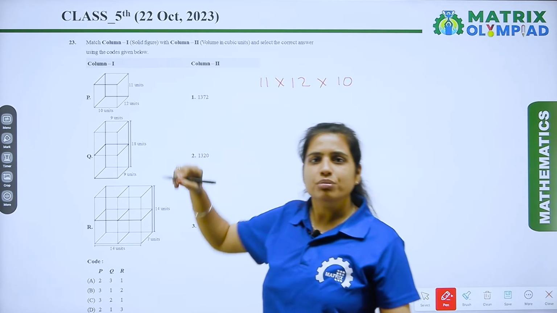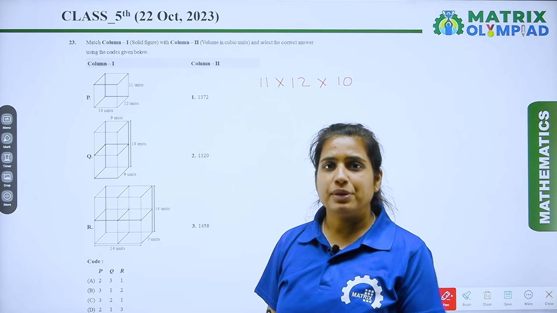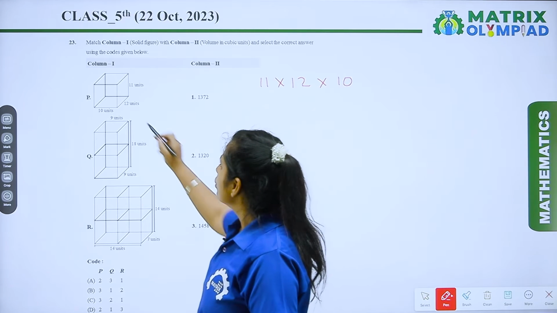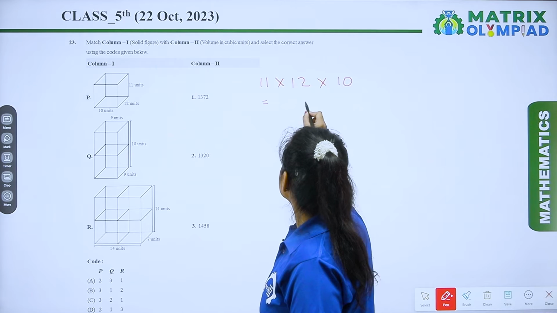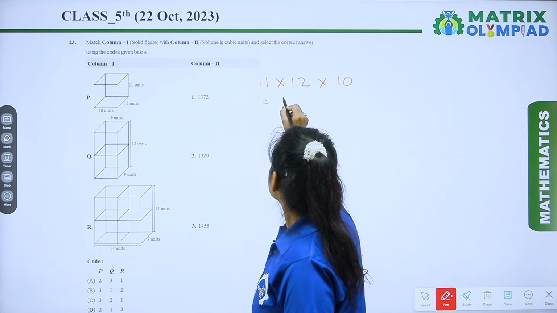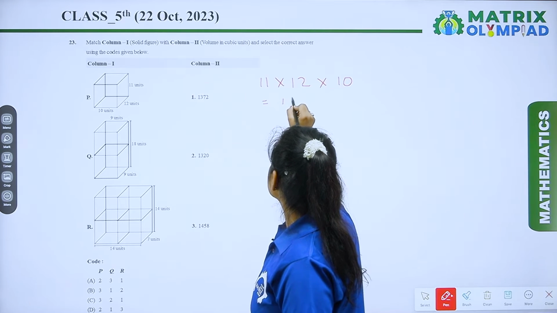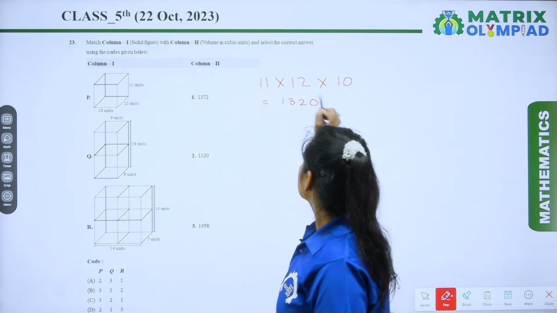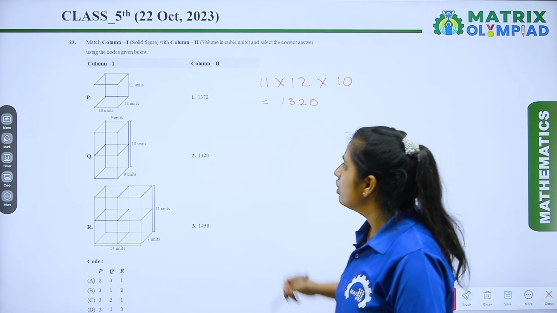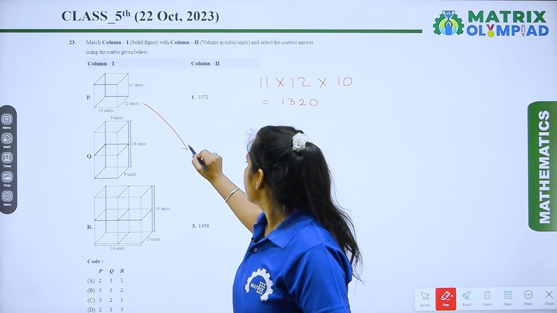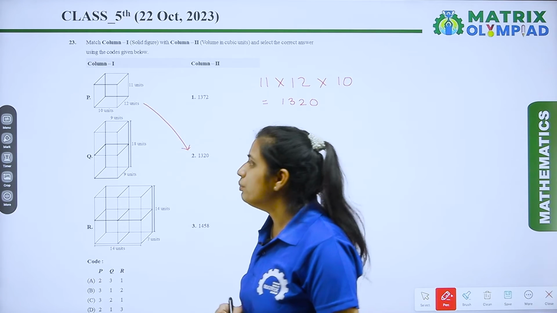Because we know the volume is length multiplied by breadth multiplied by height. So here in this figure we get 1320 cubic unit. So here we get the correct answer in column 2.